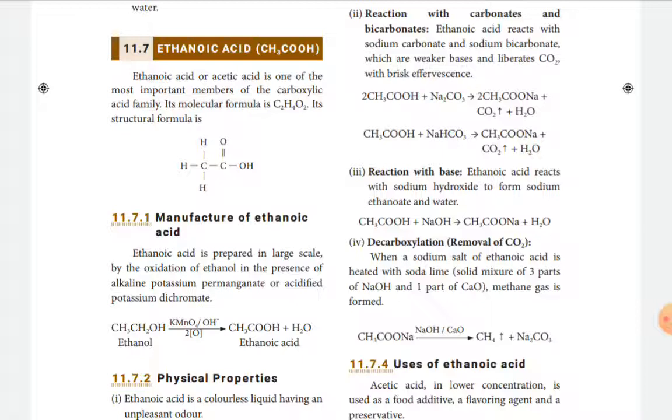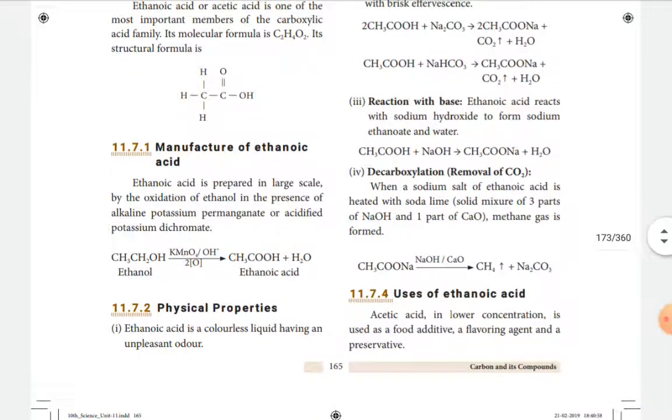So simple chemical reaction. The same chemical reaction we already learned in the chemical properties of ethanol also. And this is the same reaction used for the identification of alcohol. So the orange color of potassium dichromate changes to green. So using this basic principle, the percentage of alcohol consumed can be calculated.